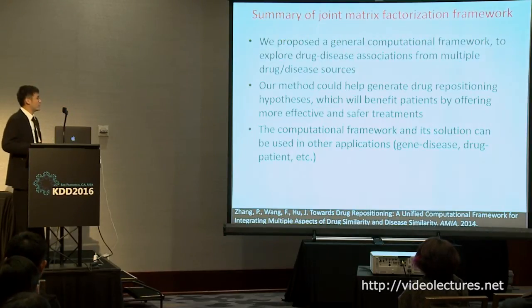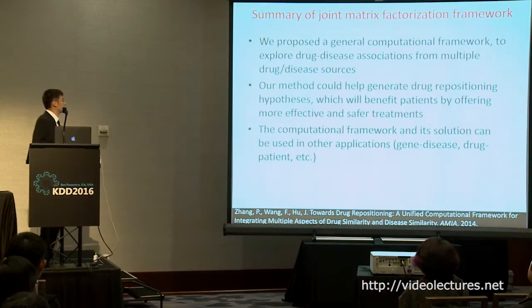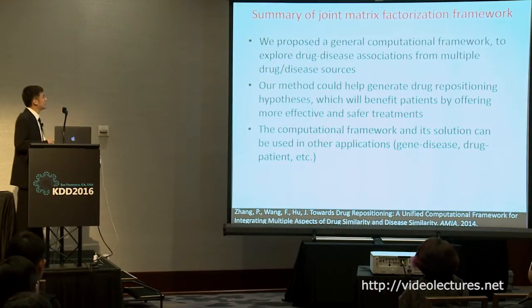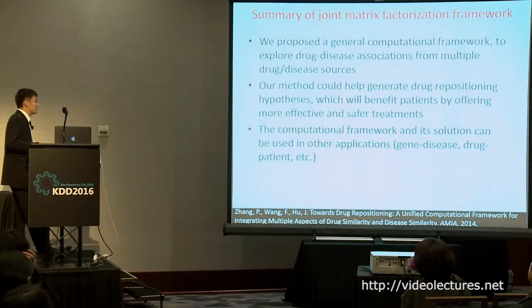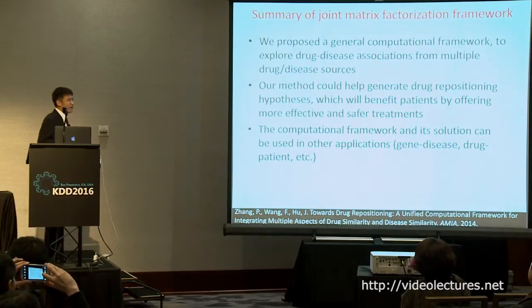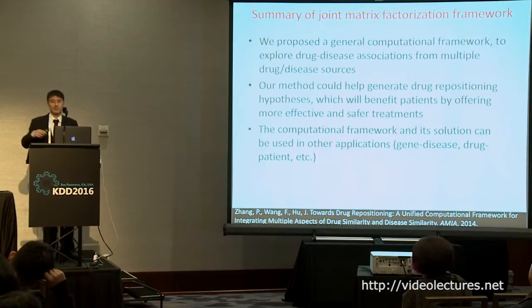And for the summary, this paper is published in 2004 EMEA, and you can take a look at it. We proposed a general computational framework to do the drug repositioning task. This framework is very flexible, since it just has two domains and a lot of resources in each domain, right?